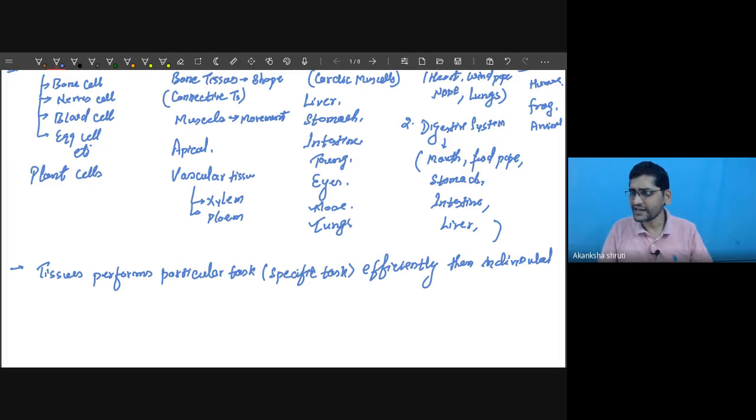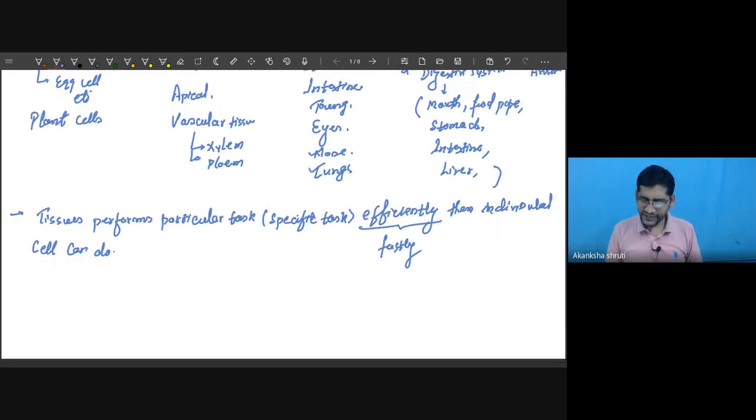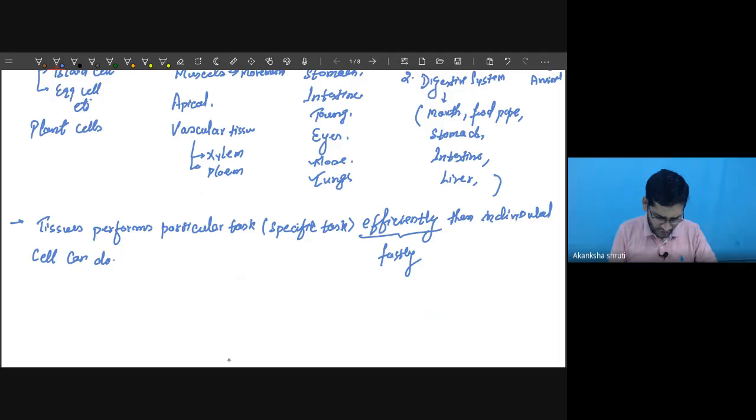Efficiently means fastly. An individual cell can do or may not do a particular task. Efficiently simply means fastly: in a short time the task is performed. So these tissues consist of cells. Write that down also: cells combine to form tissues. Let us take a few examples.